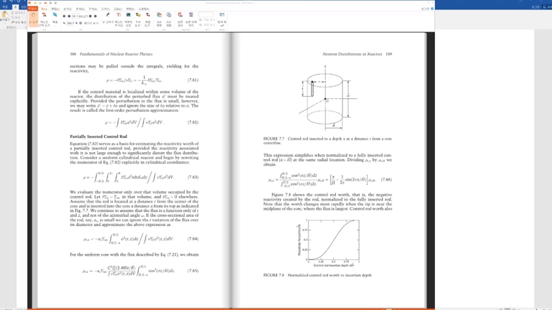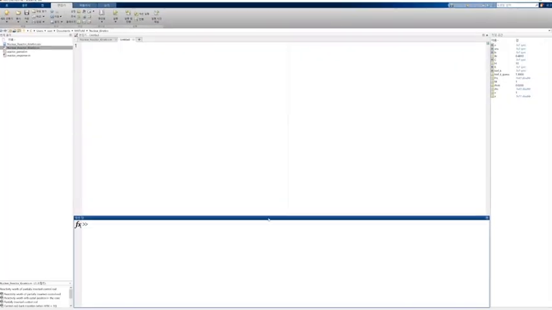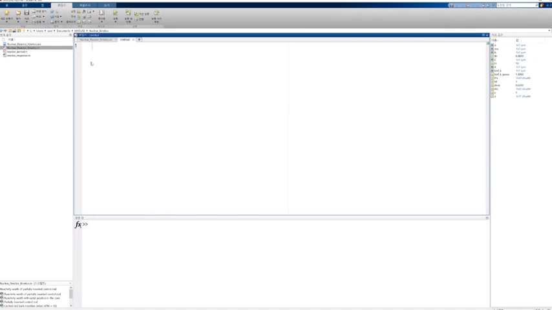Of course, this will not be very difficult. So this would be the partially inserted control rod case. Let's define t as from 0 to 1.